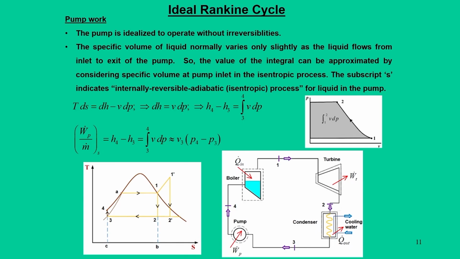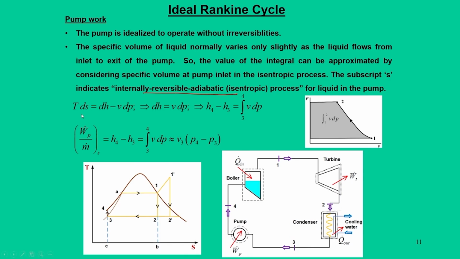That means its density or specific volume does not change. So, if we idealize this pump process as an internally reversible adiabatic process, which means an internally isentropic process, then the thermodynamic equations get modified.